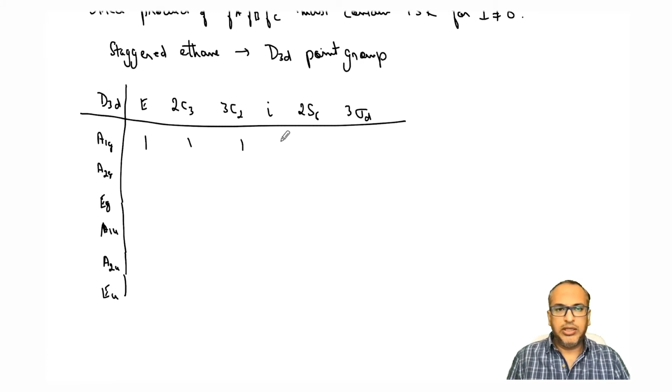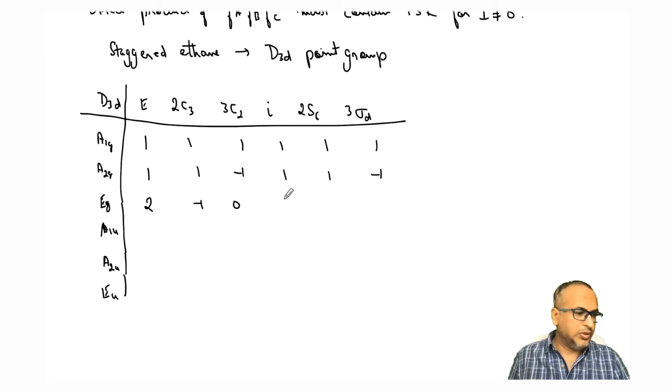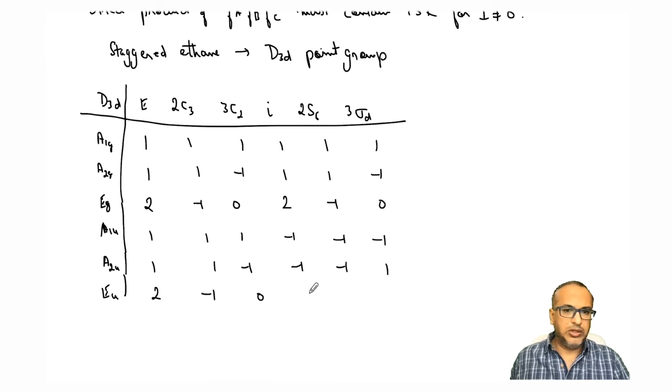Now we have the totally symmetric representation, so all ones. A2g will be 1, 1, minus 1, 1, 1, minus 1. Eg will be 2, minus 1, 0, 2, minus 1, 0. And then we have 1, 1, 1, minus 1, minus 1, minus 1, then 1, 1, minus 1, minus 1, minus 1, 1, and 2, minus 1, 0, minus 2, 1, 0.